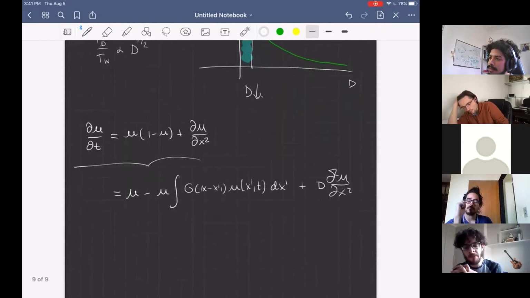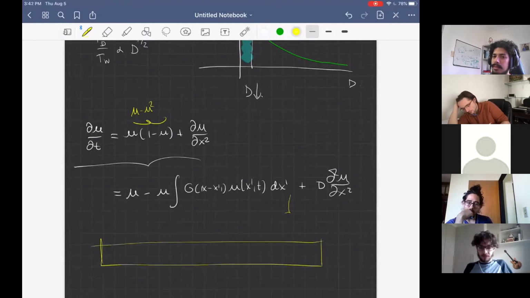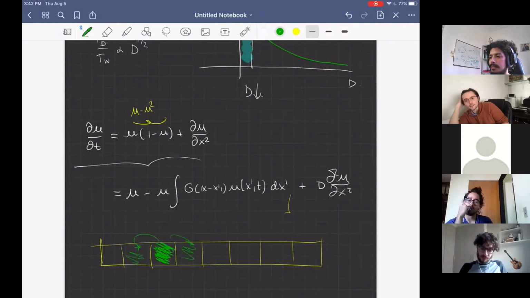So basically, what happens if instead of having this u minus u squared, I have some coupling with, remember the discretization of the space that we did? What happens if individuals that reproduce here also interact with individuals here and here? How do things change in that case?